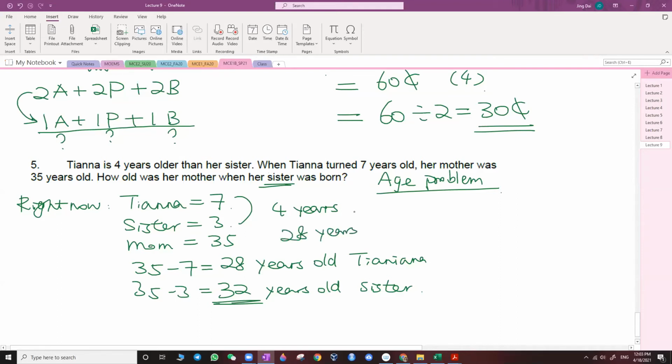So Tiana is 4 years older than sister, and mom is 28 years older than Tiana. And mom then is 32 years older than her sister. 28 plus 4 equals 32. So either way, you can use addition or subtraction, but we need to have 32 years as the answer. Okay, so that was an easy one, guys.